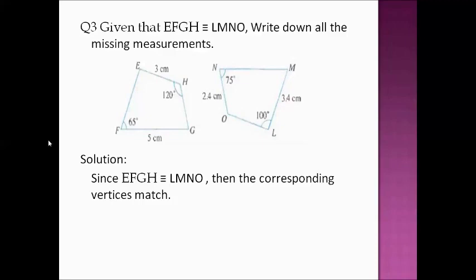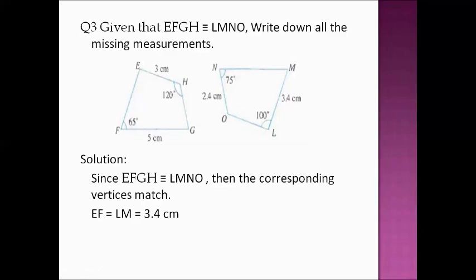Looking for it, we can say that EF is equal to LM. Here EF and LM are congruent, are equal. So if LM is 3.4, then EF is also 3.4.